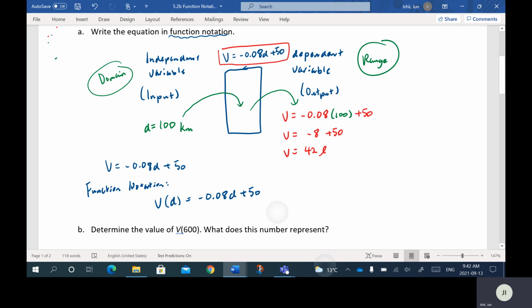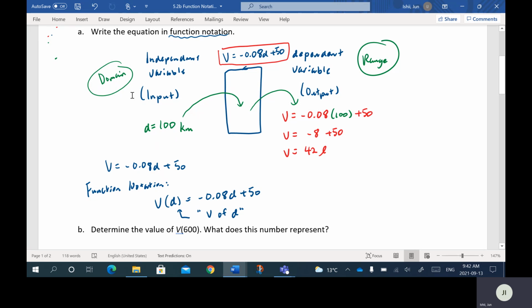Now when you read it, you'll hear me say V of D. So basically what that means is that we want to find the volume at this distance, and to do that we use this equation.